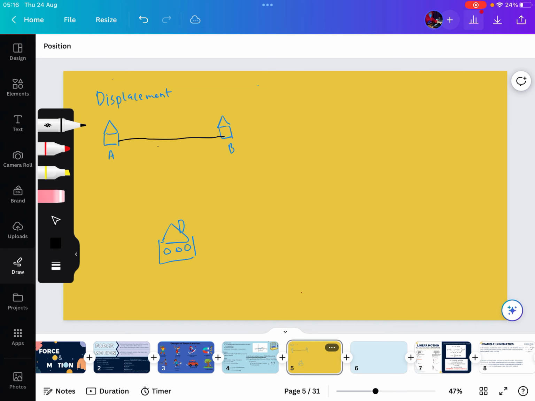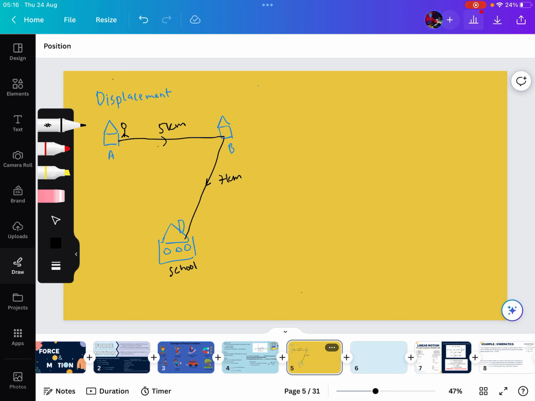For example, 5 kilometers, and then from your girlfriend's house to the school is basically 7 km. So you walk from A to B, your girlfriend's house, and then to school.